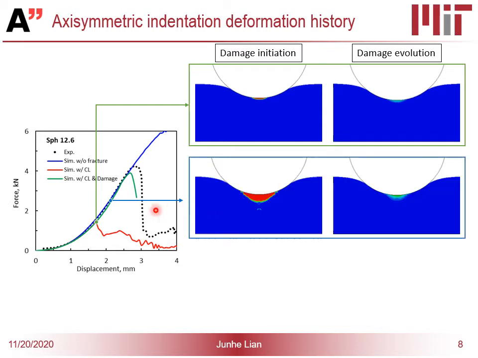Now if we move one point ahead, you can see more and more elements have reached the Cockcroft-Latham criterion and are entering damage initiation, but their accumulation is not so much. Their damage evolution is rather slow and progressive.